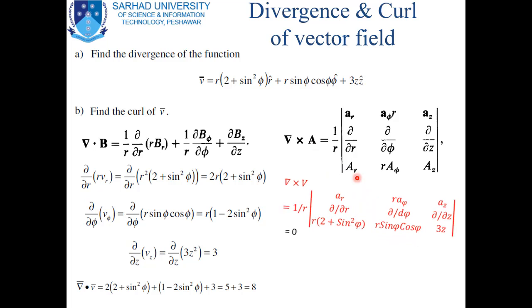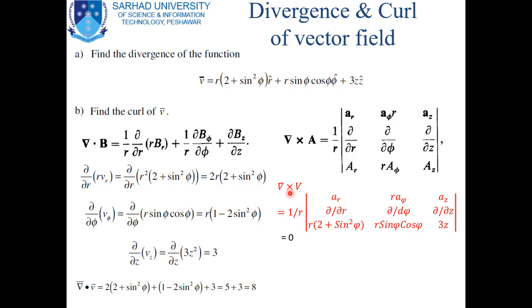So now we can write the components of vector a, which are r into 2 plus sine square phi, and the phi component of vector a is sine phi cos phi, and this r is the metric coefficient.